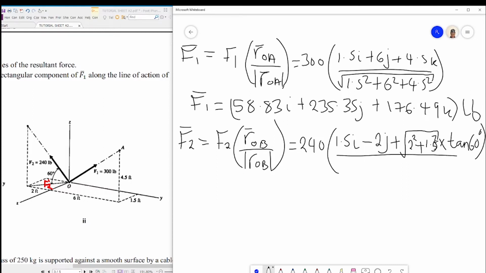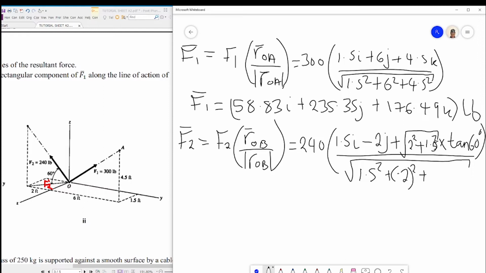Then over the square root of 1.5 squared plus minus 2 squared and then plus this squared. Let me just punch it in.